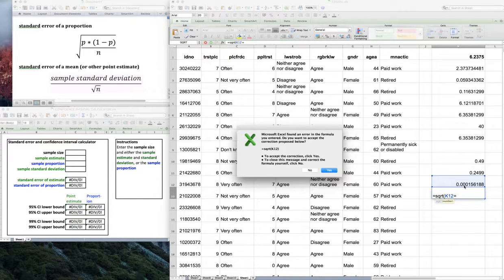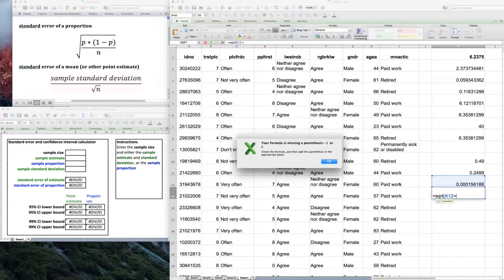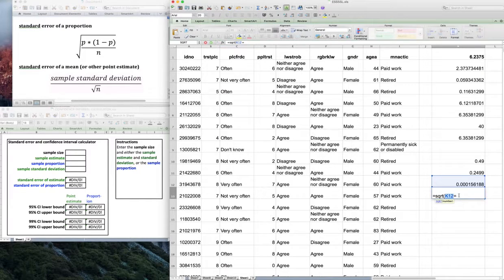I'll put an equal sign instead of a parenthesis there. We get that figure there. So our standard error of the proportion for this variable is 0.0125.